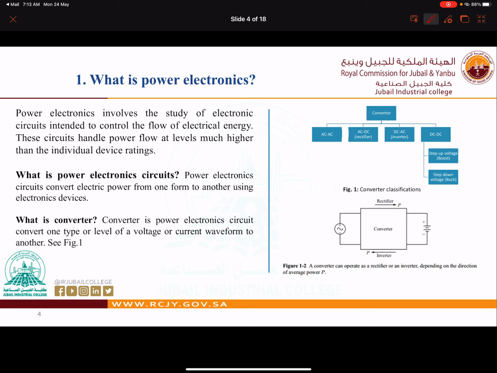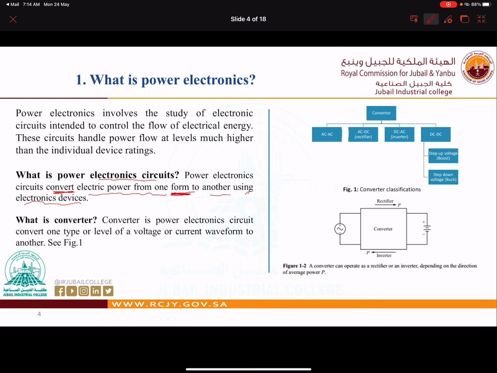Now, what are power electronic circuits? This is very important. Now we are talking about the circuits of power electronics. The power electronic circuits convert electrical power from one form to another using electronic devices. You can underline the word form.